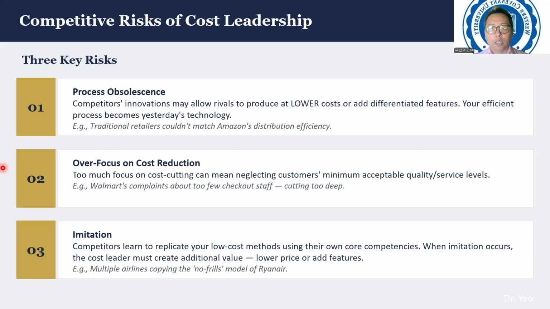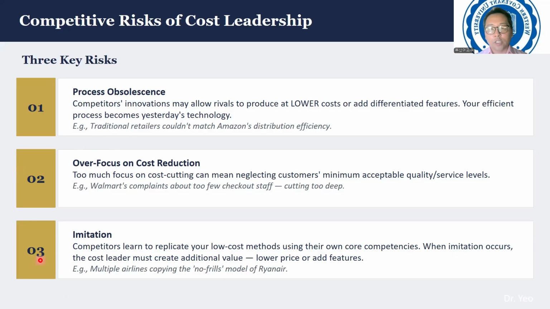There's a danger of cutting costs past the point that customers find acceptable. Walmart has faced criticism for understaffing stores, leading to poor customer service. When customers feel the quality or service has dropped below an acceptable level, they leave.